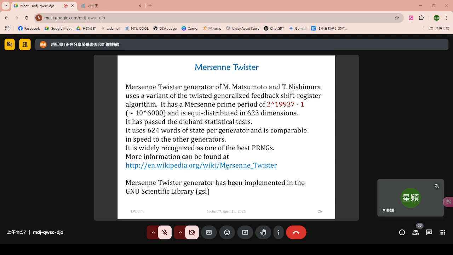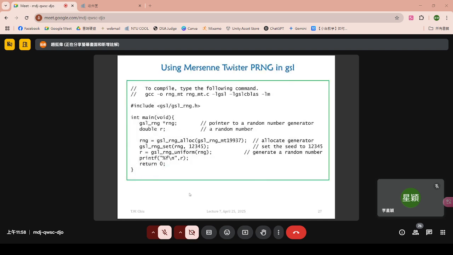You can look up Wikipedia for this generator. It has also been implemented in the GNU Scientific Library, and this is an example of how to use it.